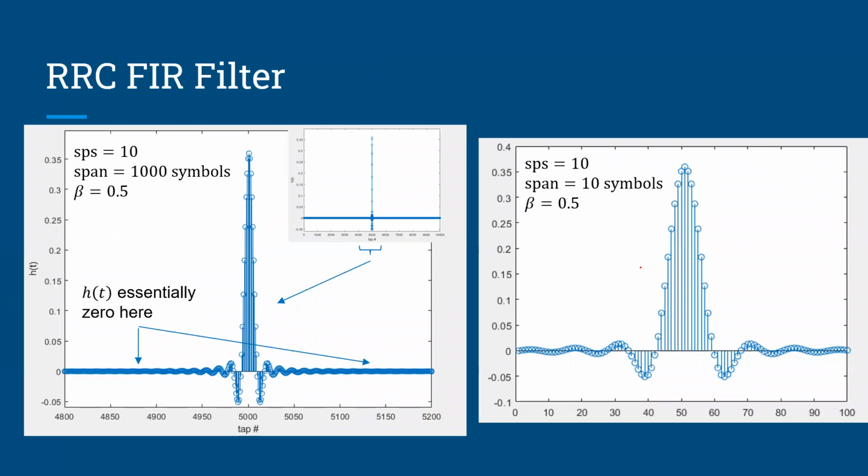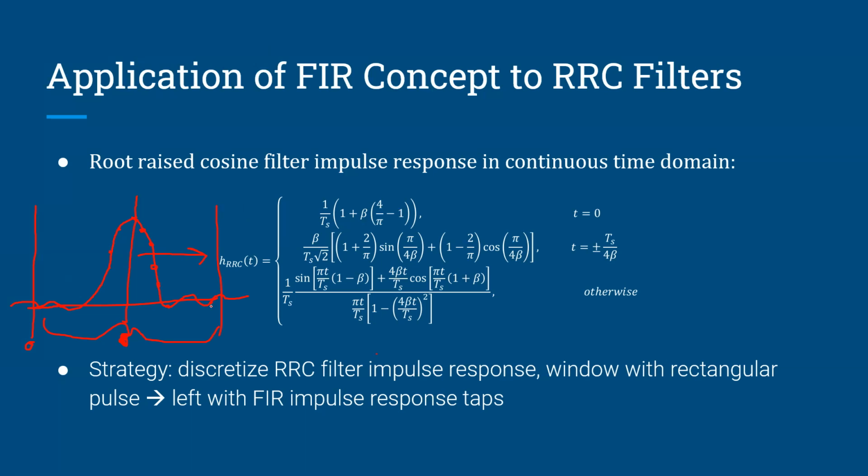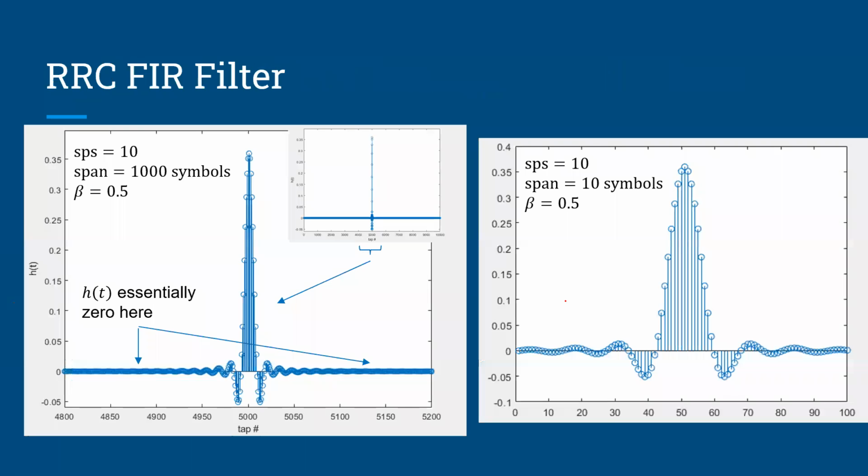All right, so I kind of wanted to give an example of what this looks like. So what I did here is I took the root raised cosine. I literally took this impulse response, I stuck it into MATLAB, and I sampled it at some number of points.